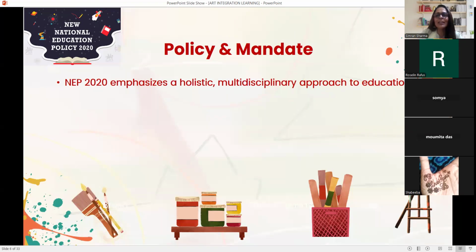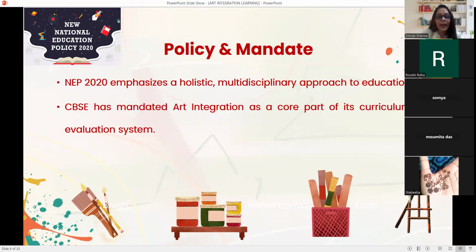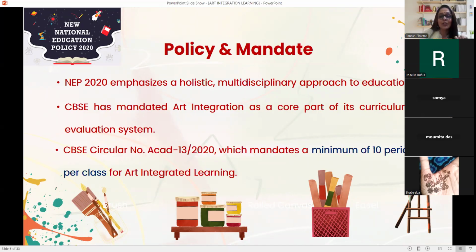It's not an option that we may or may not use. Rather, CBSE has given a mandate that art integration has to be a core part of our curriculum and evaluation system. So we cannot impart knowledge or learning without integrating art into it.